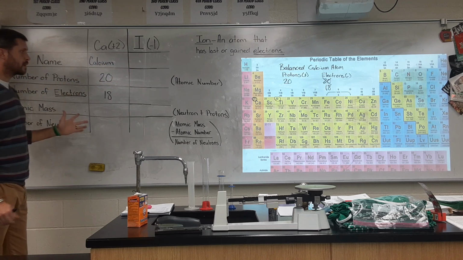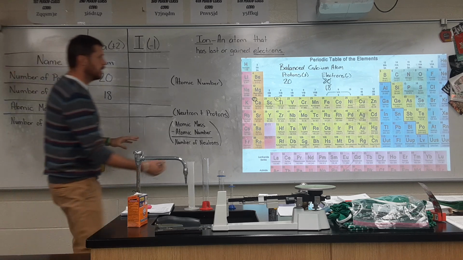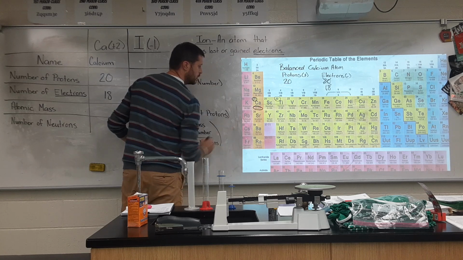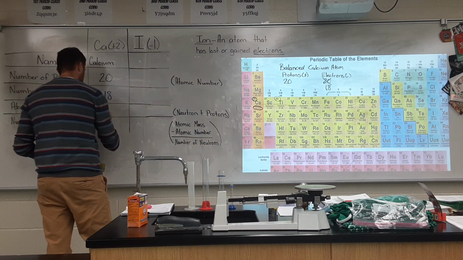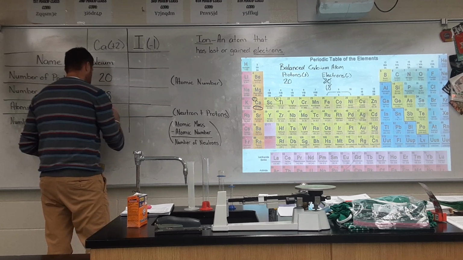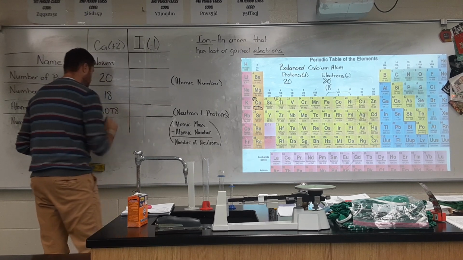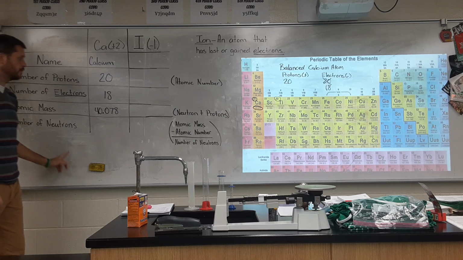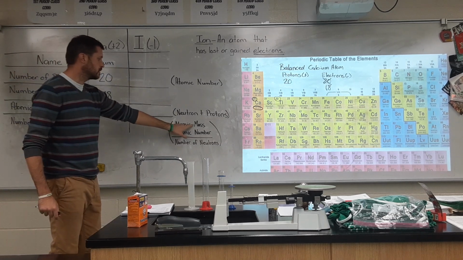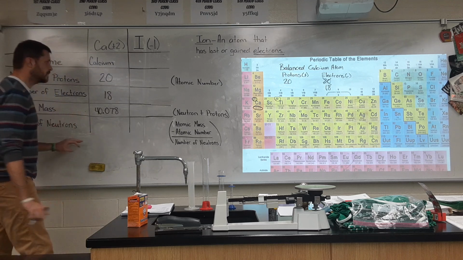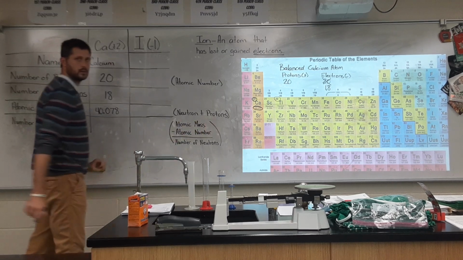All right, atomic mass. Atomic mass is given to you right here. 40.078. And right, last one here, number of neutrons. Remember, you have a formula for number of neutrons. It is your atomic mass minus your atomic number, because atomic mass is the number of neutrons and protons.